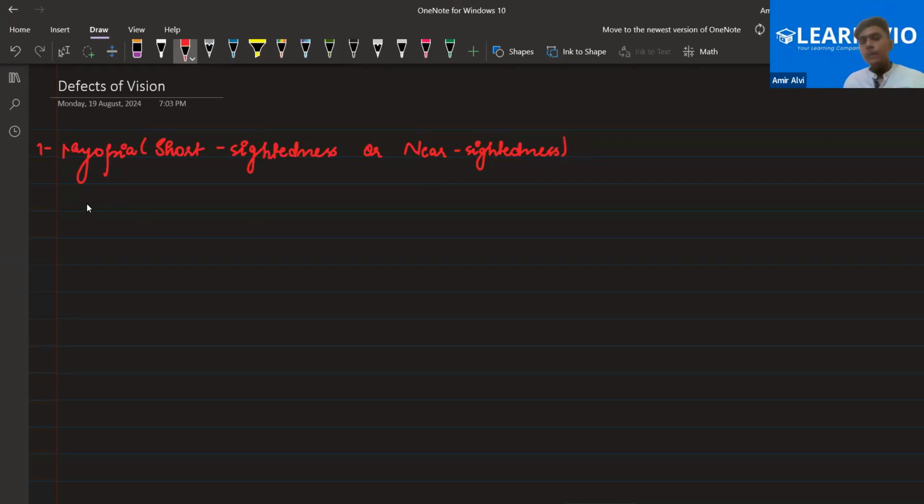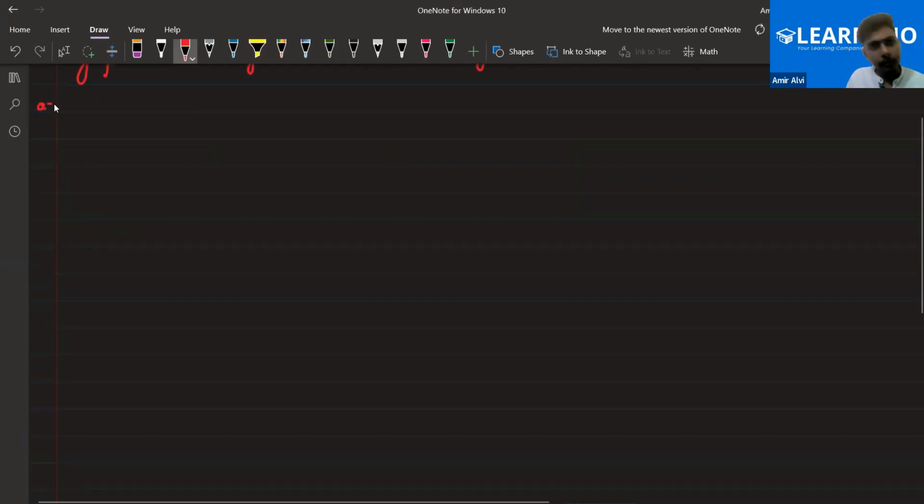So myopia is the defect in which a person can see nearby objects but cannot see far objects.